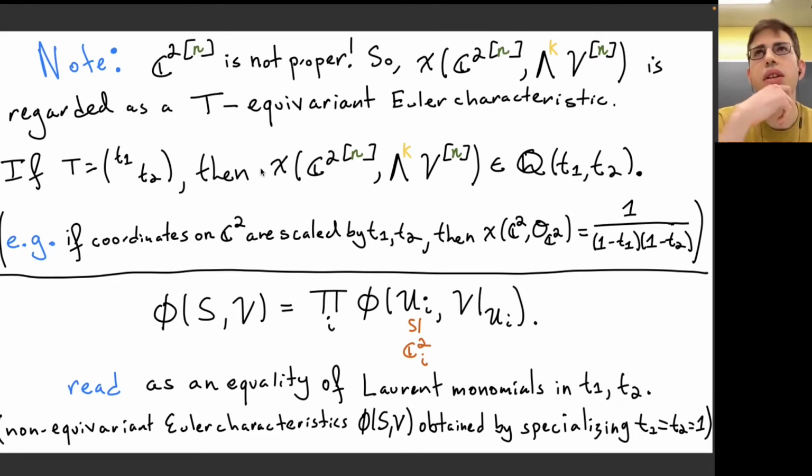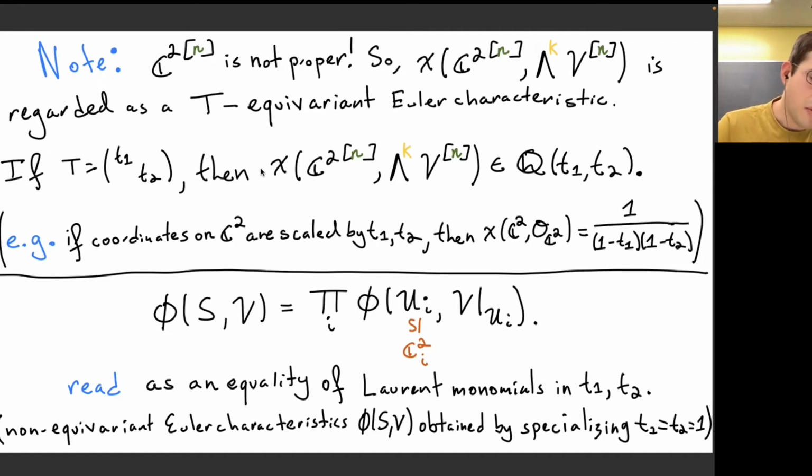If I look at coordinates on affine 2 space and say each of the coordinate functions is scaled by T1 and T2, then the character of functions on C2 is just the character of the total space of polynomials in the coordinates. So what do I have if I look at the total space of polynomials in 2 variables and I record their coordinate weights?